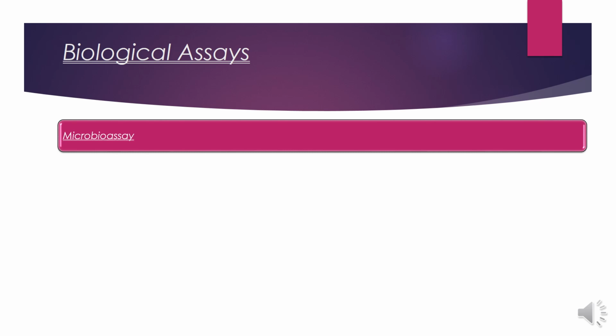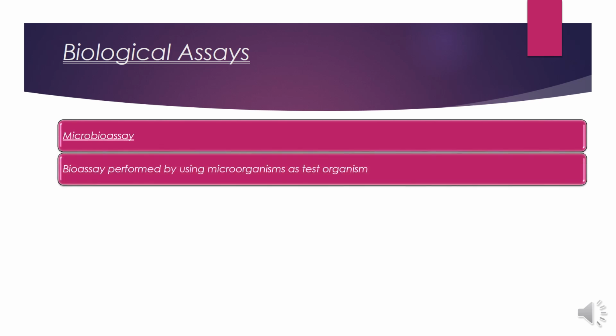So next method is microbioassay. As the name suggests, the bioassay is performed by using microorganisms as test organisms, specifically those tests that are performed on the microorganism. Obviously, they are utilizing biology or living organisms, so that's why they come under the biological assays.